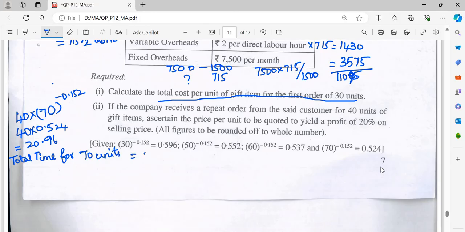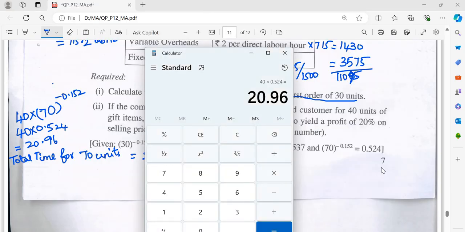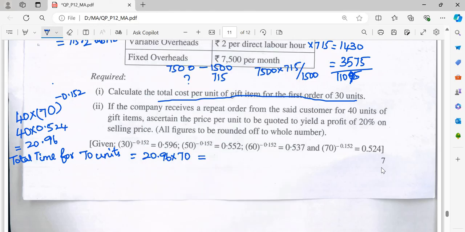That is 20.96 into 70. So I will be getting 1467. So 1467 direct labor hours.